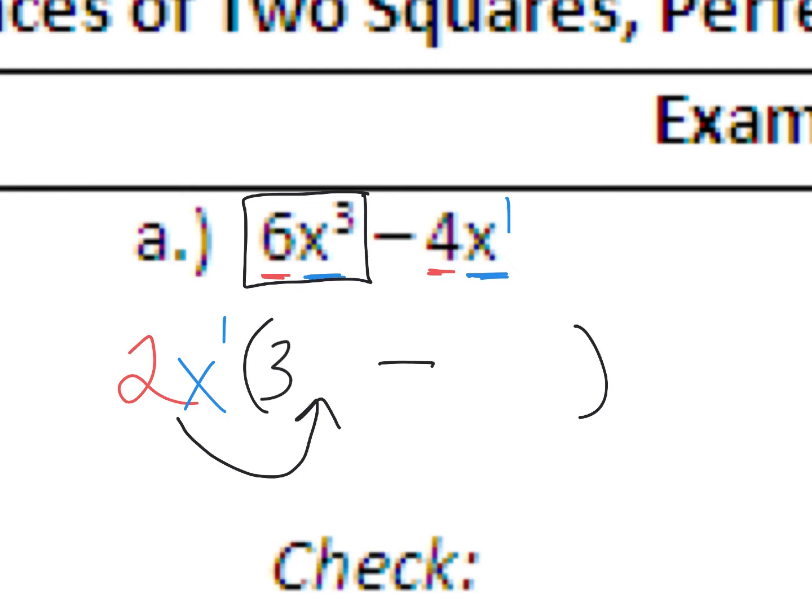And then you got to ask yourself, thinking back to those properties of exponents we did, x times what gets you x to the third? How many more x's do you need? I see some debating answers. Seamus. 2. Remember, we add our exponents, so 1 plus 2 gives us 3 up there. So you need 2 more x's to get back to 6x to the third.